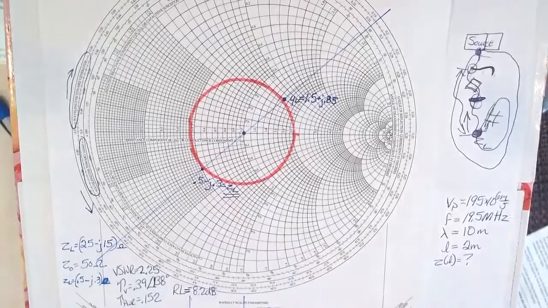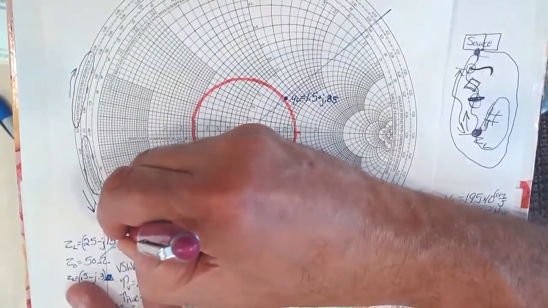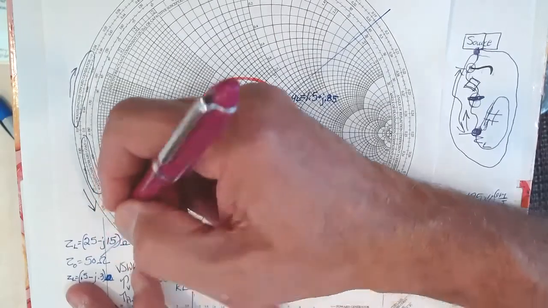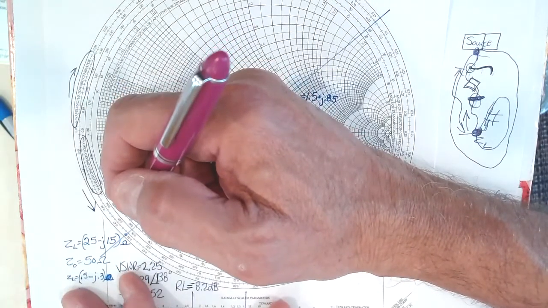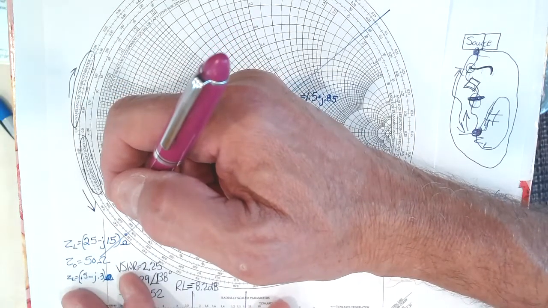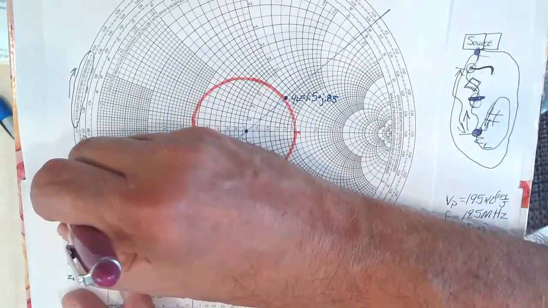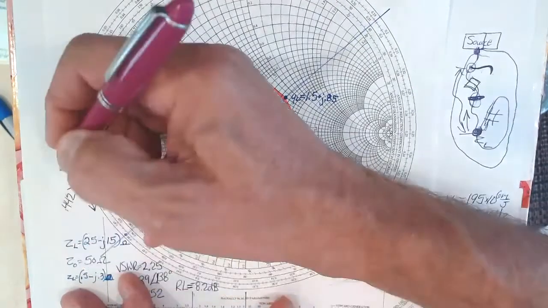Well, where am I now? Right now, I would be right about here, right? And that says it is 0.442 wavelengths. Right there.